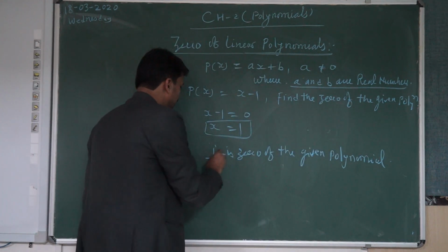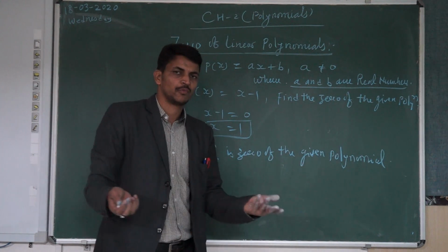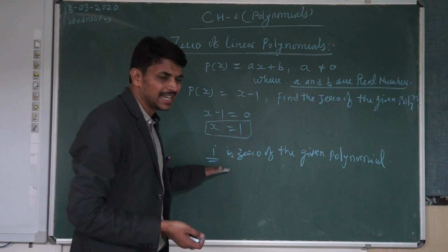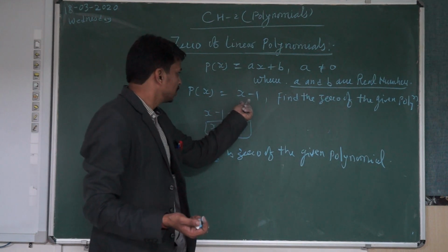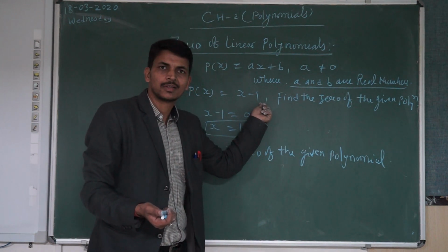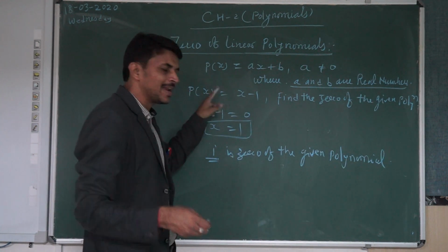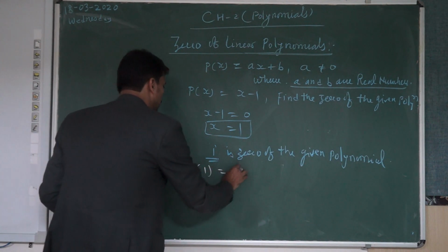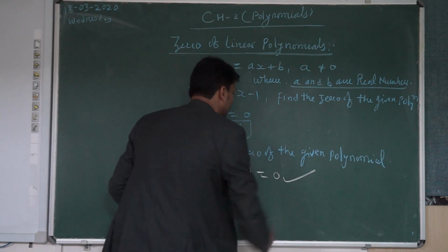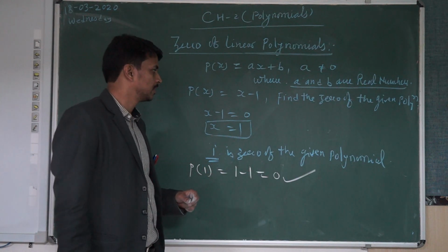Why is 1 the zero of the given polynomial? As per the definition of zero of a polynomial, we are all aware, any constant value of the variable for which the polynomial becomes 0 is called a zero of the polynomial. It means that if I replace x with 1, let us see what happens. P(1) is equal to 1 minus 1, we get 0. It means that 1 is the zero of the given polynomial.